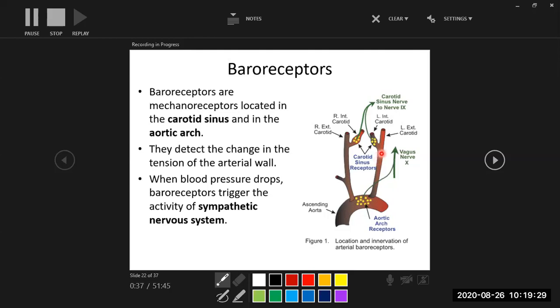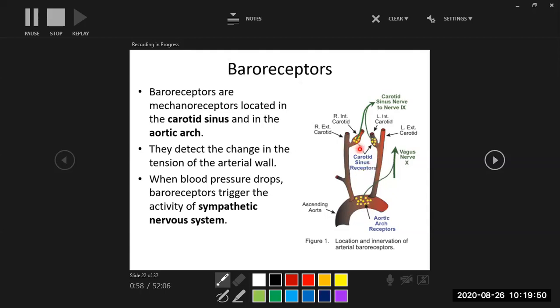The sensor is located in two major locations. This sensor is called the baroreceptor. The baroreceptor detects the blood pressure. They are located in the aortic arch as well as the carotid sinus receptor here.